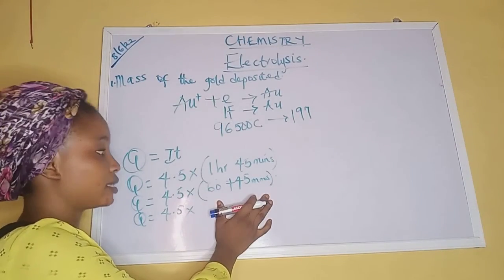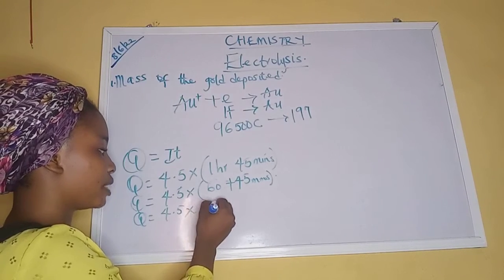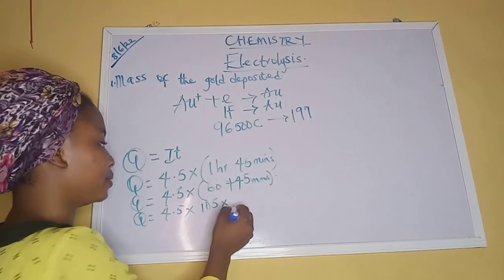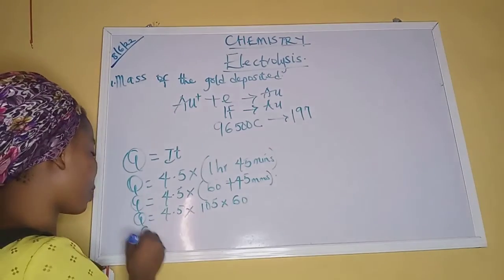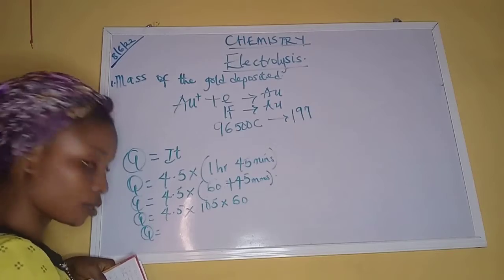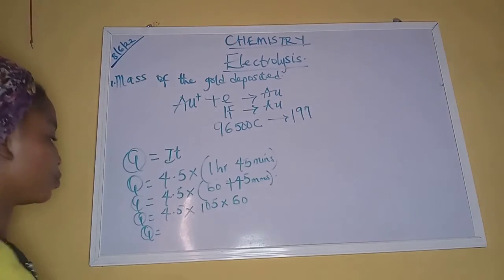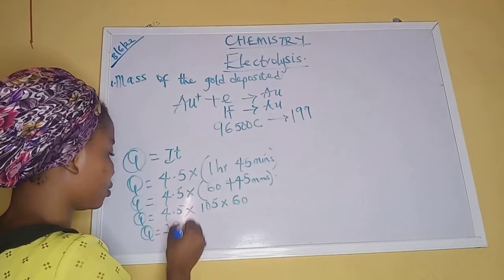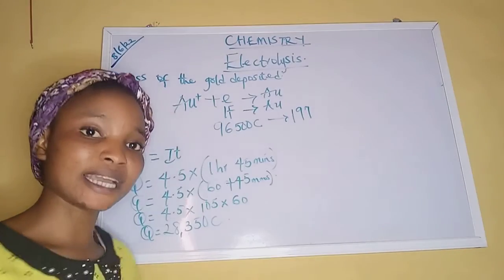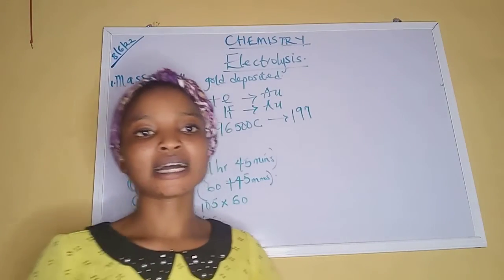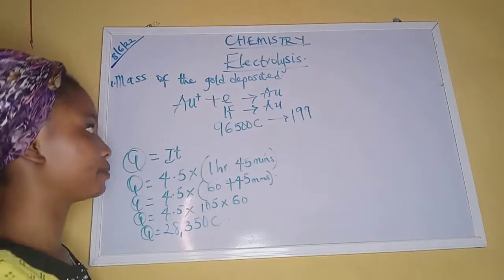To change to seconds, I multiply this by 60. Therefore, I have 105 times 60. When you multiply everything, 4.5 times 105 times 60 should give you 28,350 coulombs. That is still not the end of the question. The question says, calculate the mass of the gold deposited.